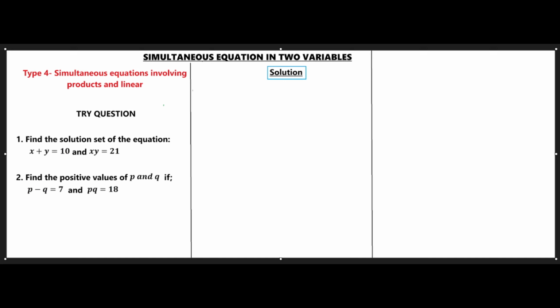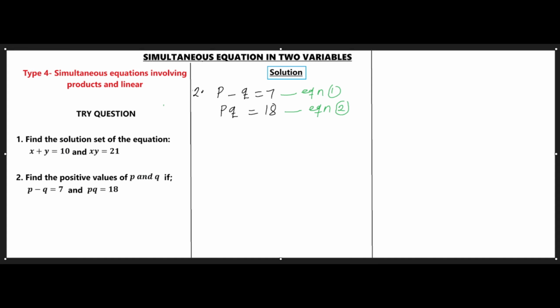Question 2, we are to find the positive values of p and q given the equation p minus q is equal to 7 and pq equal to 18. So this is our equation 1 and this is our equation 2.